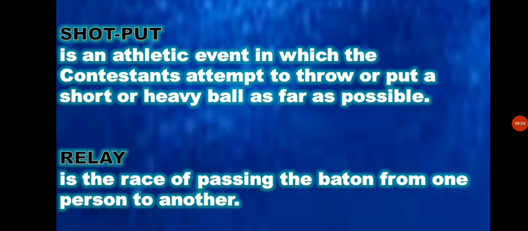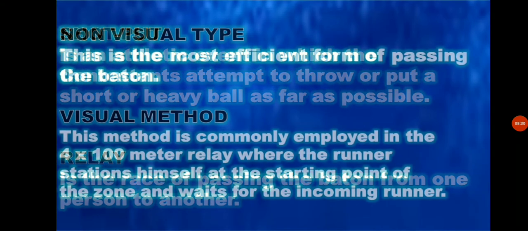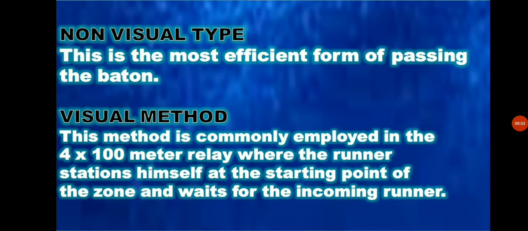So we have two types of passing the baton: visual and non-visual, or blind type. The non-visual type is the most efficient form of passing the baton. The receiver stands at the starting end of the relay zone and keeps his eyes focused on the coming runner until the latter reaches a prearranged spot marked off on the track lane.